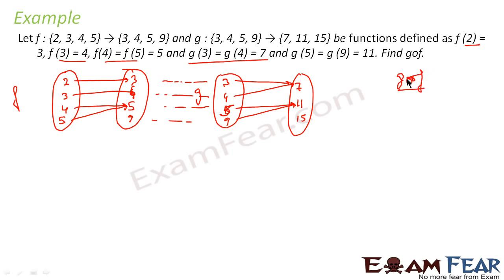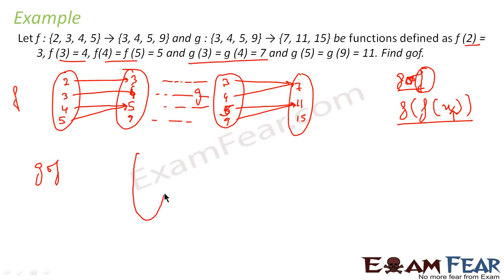That means the input will first go into function f. Whatever input comes from this, g of f is nothing but g of f(x). Correct? The input will first go to function f, and whatever output is f of x, this output will go to function g. So for g of f, it starts with f.